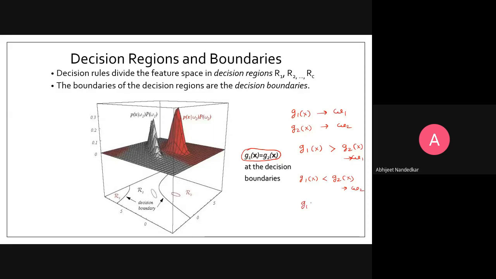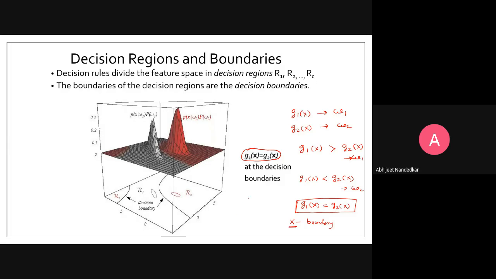And whenever g1x is equal to g2x, then I cannot decide the class of the particular input. Then I say that x is on the boundary. All such x values, if I collect them together, will make a decision boundary for two classes.